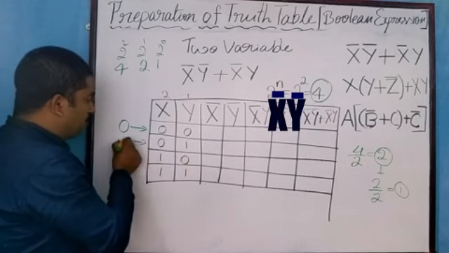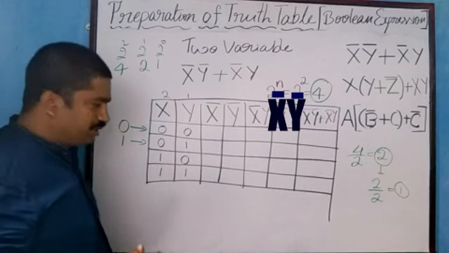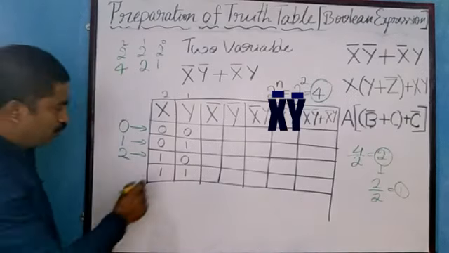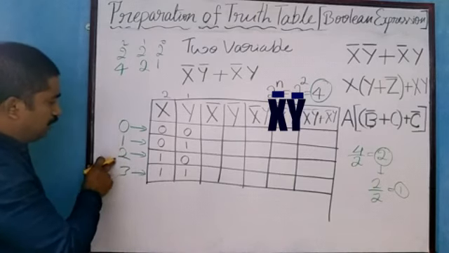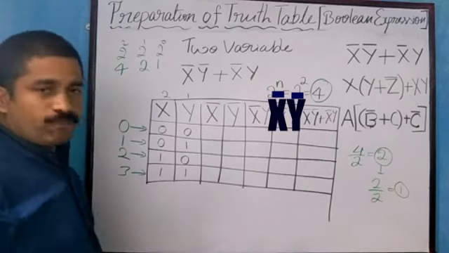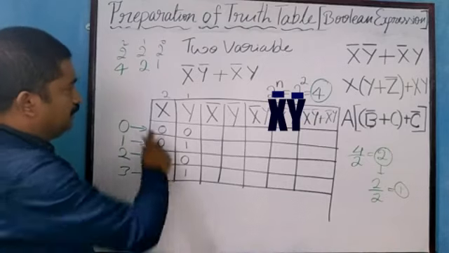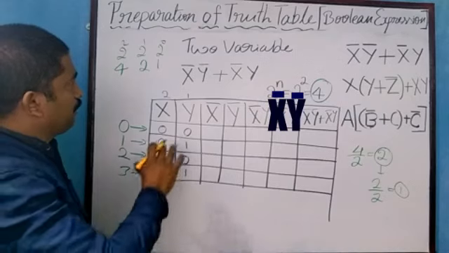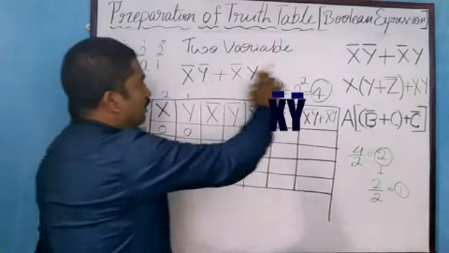In the binary number it is 1. What is 1 0? 1 0 is nothing but 2. 1 1 is nothing but 3. See, no number is repeated, so that we fulfilled all the cells. So this is the primary thing we have to do while preparing any truth table. See once again, write the expression.